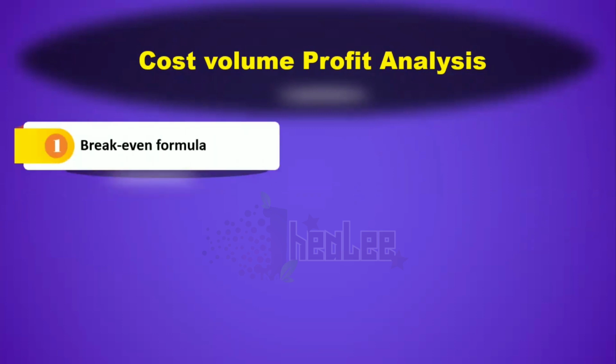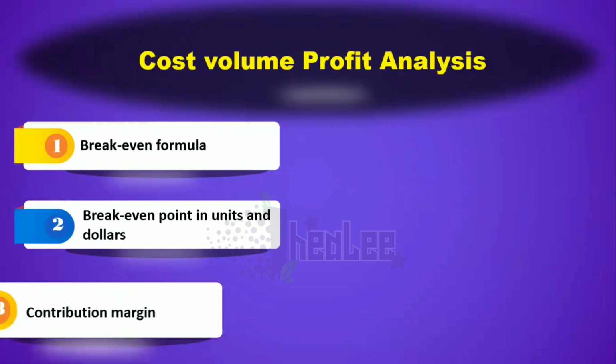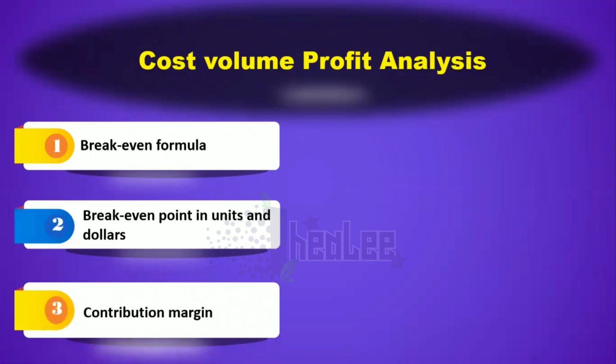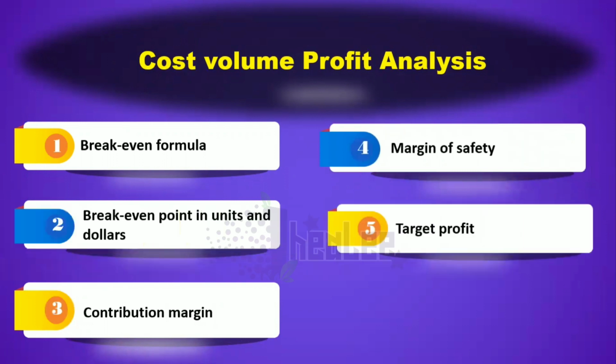You need to ensure that you know how to calculate break-even points in units and dollars. You need to know to calculate break-even points. And remember, you need to know to do it in units and dollars, right? You need to know to calculate contribution margin, margin of safety, and target profit.